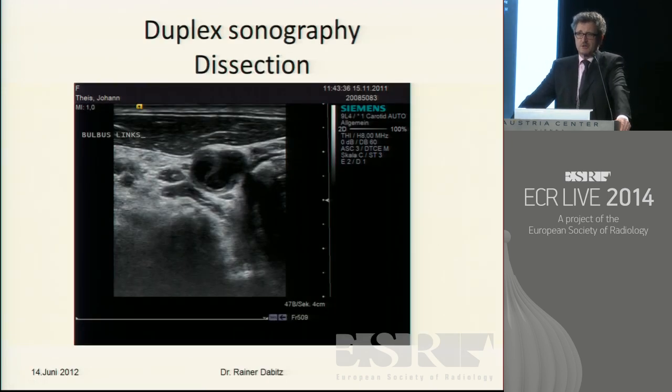There are, of course, different imaging modalities like ultrasound, duplex sonography, MRI. They all have their role in stroke treatment, but not in the acute phase or only in special situations. This is a patient with a carotid dissection, and you nicely see the true lumen in the carotid dissection, indicating that this is the cause of the stroke in this very young patient.